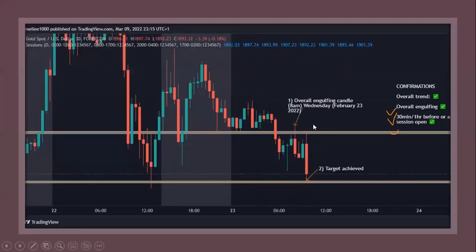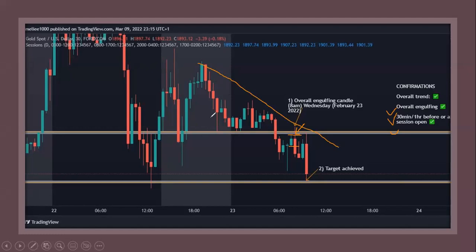Again, look at it happening here. So, overall engulfing candle. This was your New York Open. Sorry, this was your London Open. This candle broke the high, it broke the low, but it closed strong bearish. Trend is obviously down.